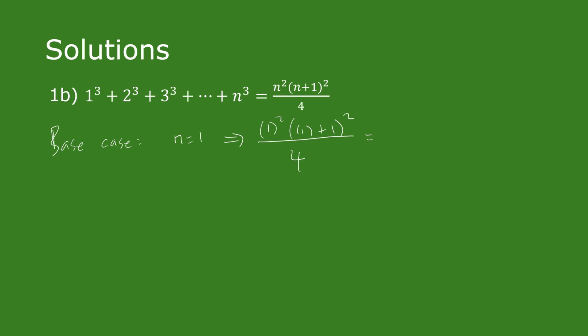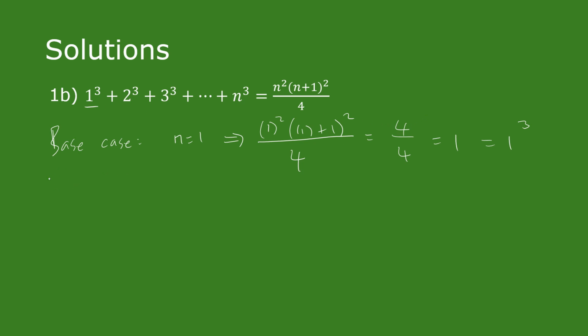So 1 squared is just 1, 1 plus 1 is 2, 2 squared is 4. So this is 4 over 4, which is equal to 1, which is also equal to 1 cubed, because 1 times 1 times 1 is 1. So for the base case, for the first term here, 1 cubed, it's true.